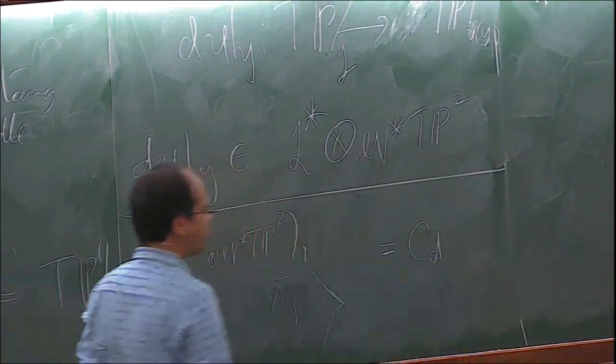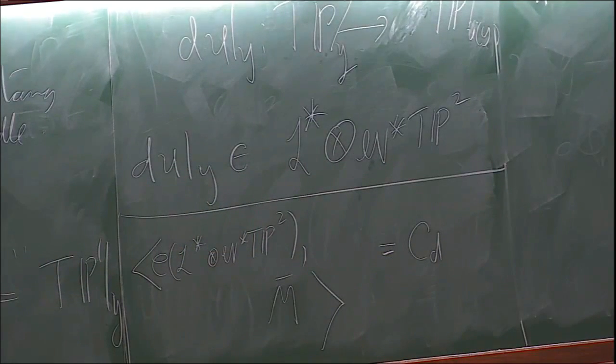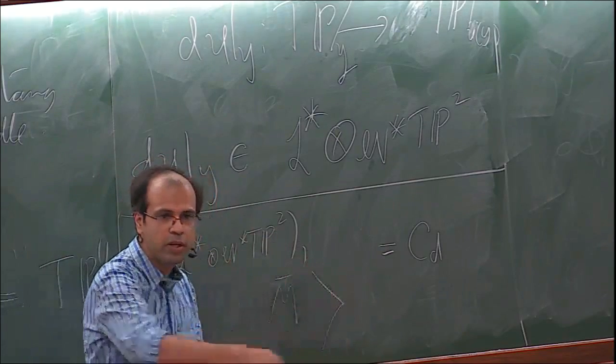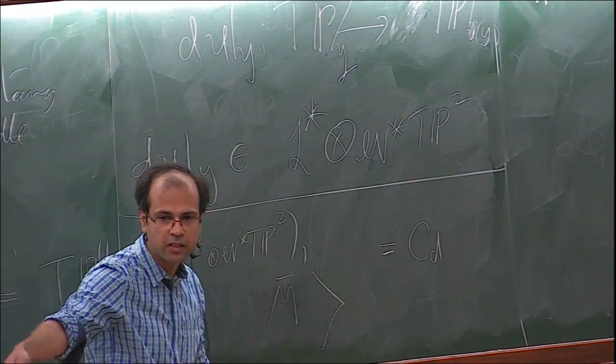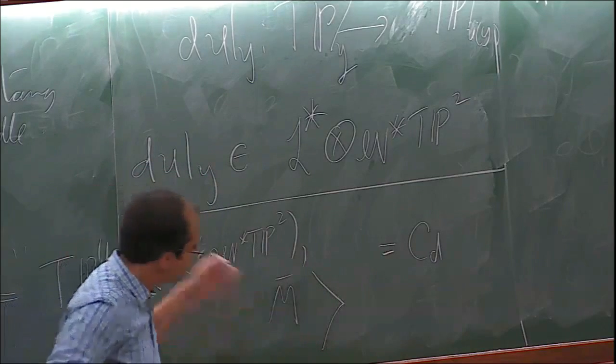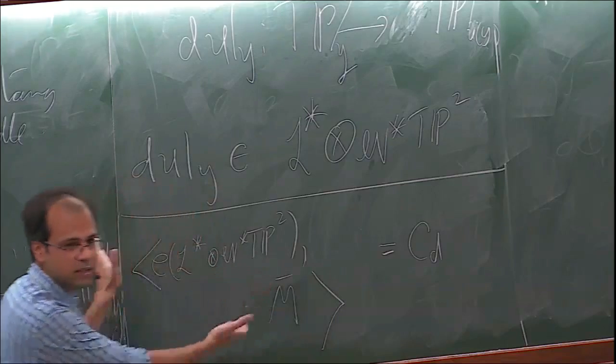And this Euler class, by the way, is computable. Why? Because this will basically boil down to the number of rational curves through 3d minus 1 points, and that by Kontsevich's result we know. So using Kontsevich's fact, this Euler class is very much computable.